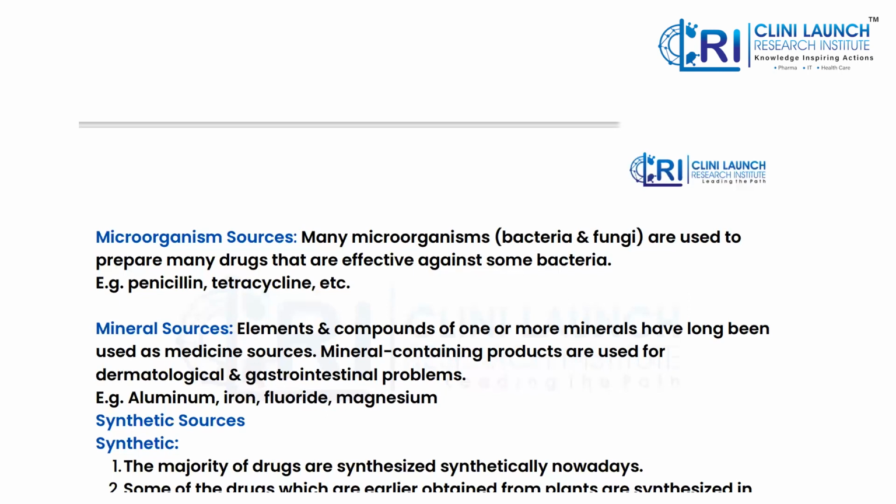So the API which was being extracted naturally, we treat it with certain chemical agents or certain microorganism sources in order to alter its structural composition. Ultimately, this intervention in order to create such medicines leads us to the formation of synthetic or semi-synthetic sources, right?